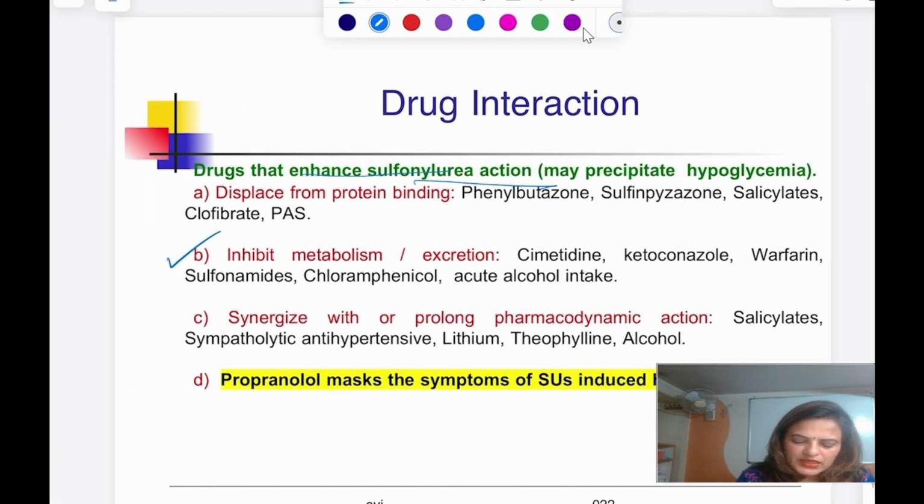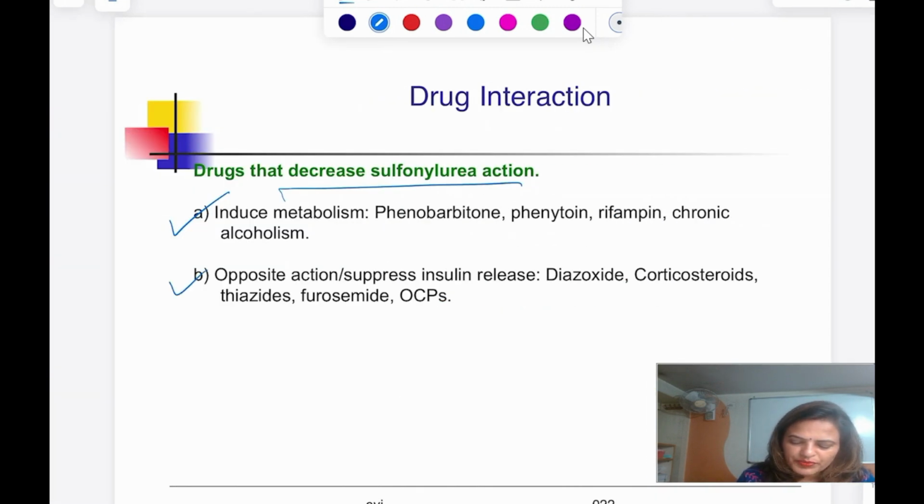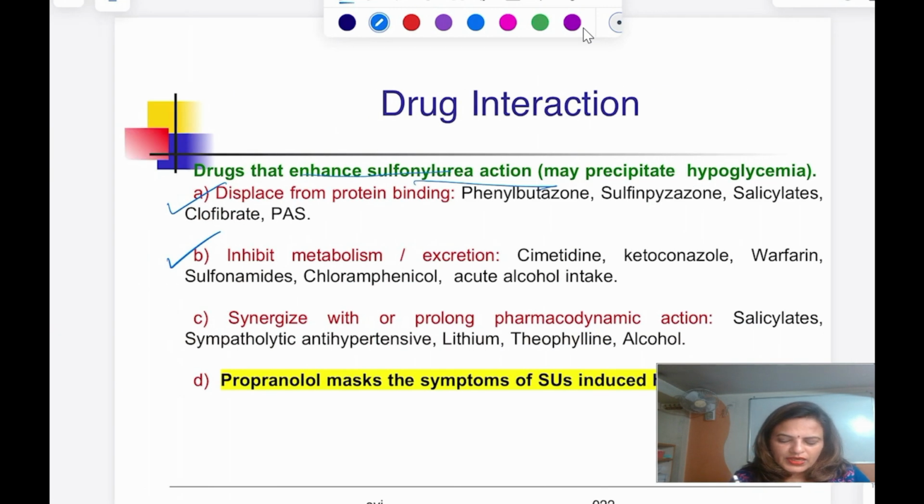Another is displacement from protein binding, which enhances the action. Here some drugs suppress insulin release, like these drugs which inhibit the release of insulin. You can remember this; it may be asked as an MCQ. Another group synergizes or prolongs the pharmacodynamic action, and they also enhance the sulfonylurea action.